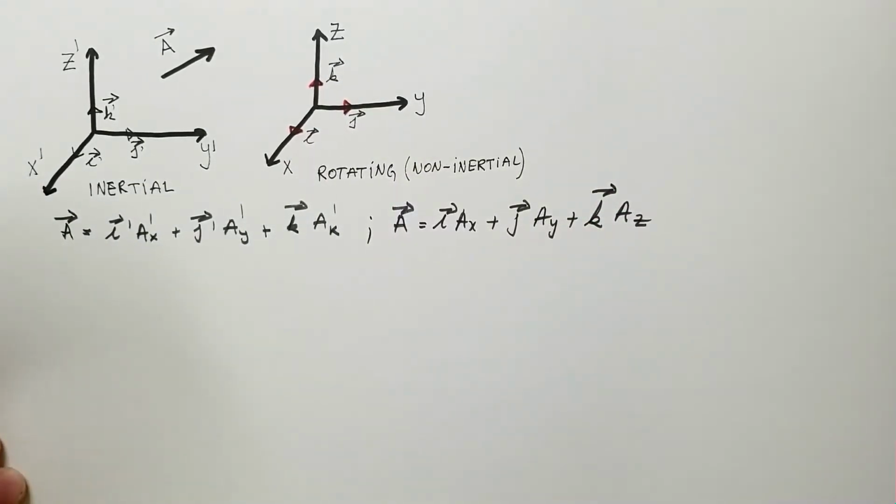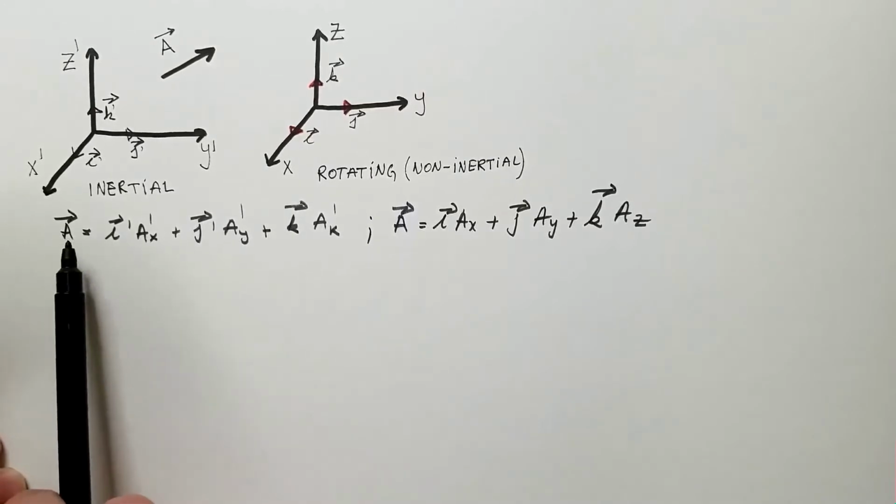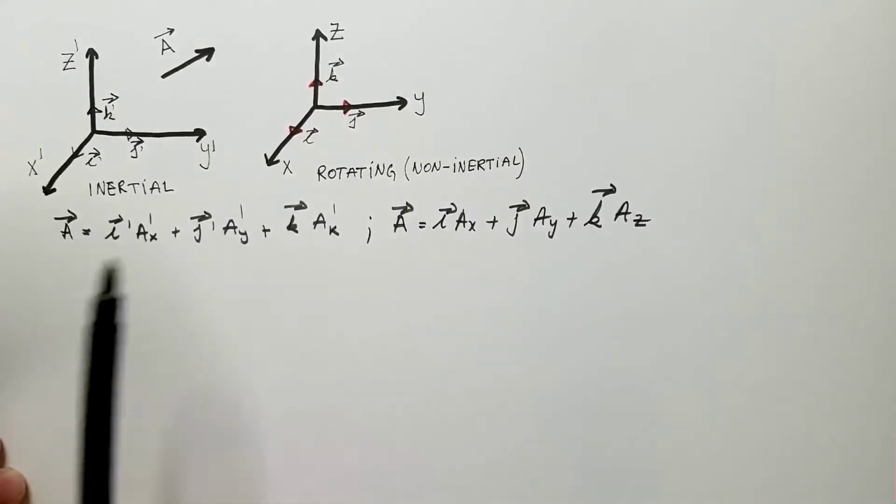Now let's find the total derivative of A in this inertial reference frame.